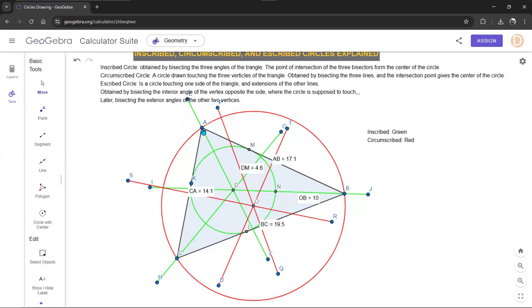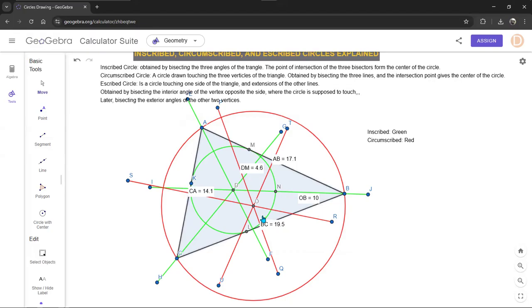So the shortest is AC, which is 14.1. Now we want to draw a circle which will touch this line. So it should come this way. And now it will also need to touch the extensions of the other two lines.